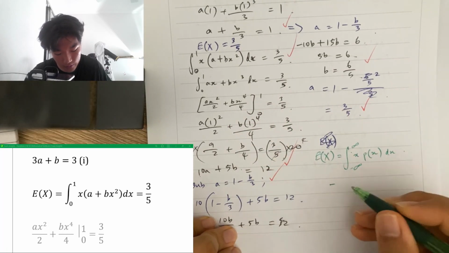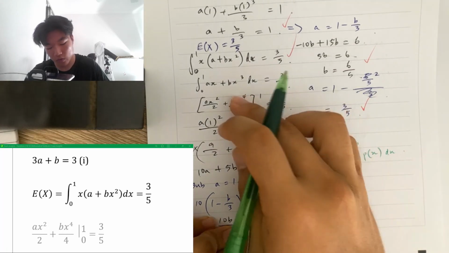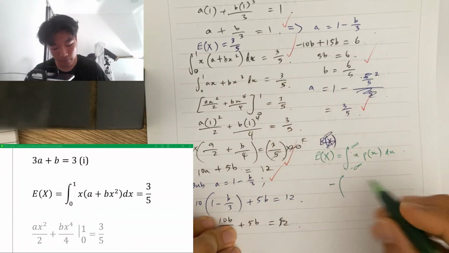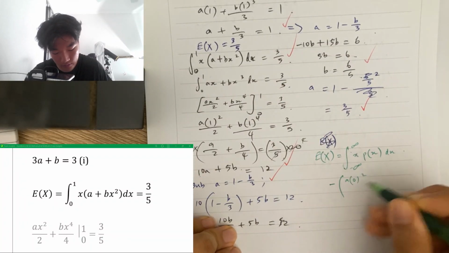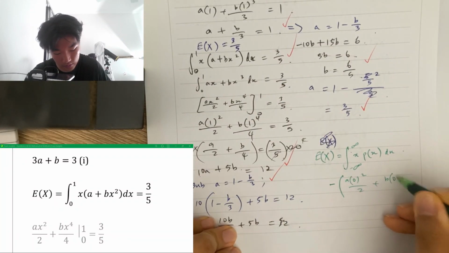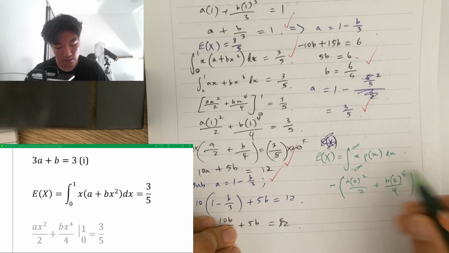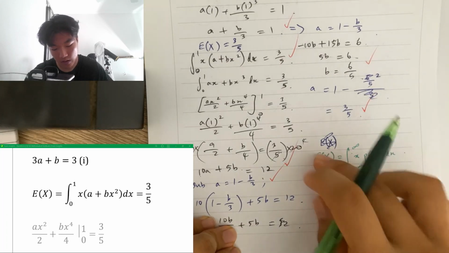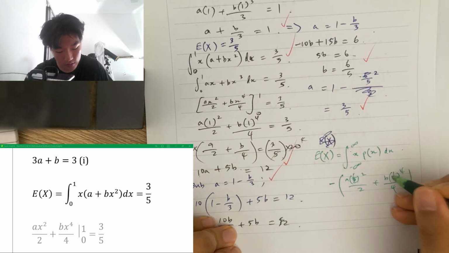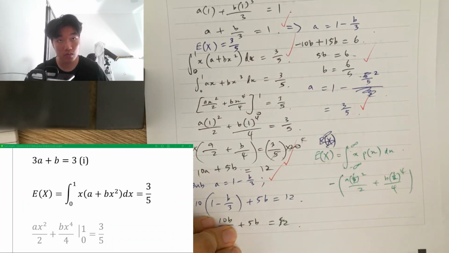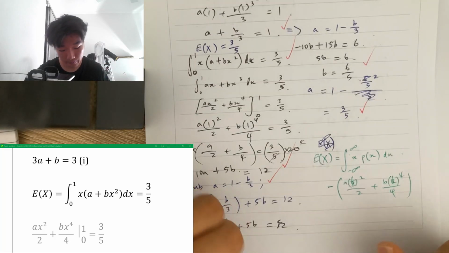But then right after that, you'd subtract what you sub in for the lower bound: a 0 squared over 2 plus b 0 to the power 4 over 4. That's what you'd have. Let's say you're subbing in a half for the lower bound, because a half is still less than 1, so it makes sense. Then you'd continue with the process, you'd actually continue the calculation.